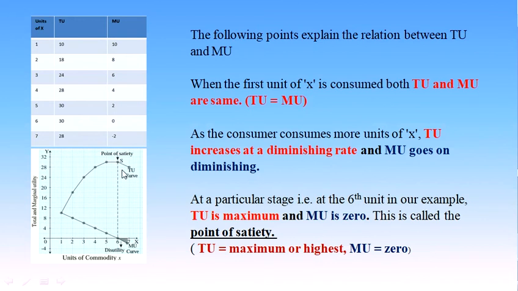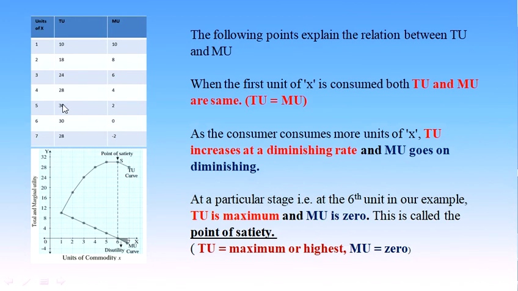And what happens to the marginal utility? Marginal utility will become zero. Why does it become zero? Because there is no additional utility that the consumer is getting. The sixth consumption is not adding any utility, so that is why the marginal utility is zero.